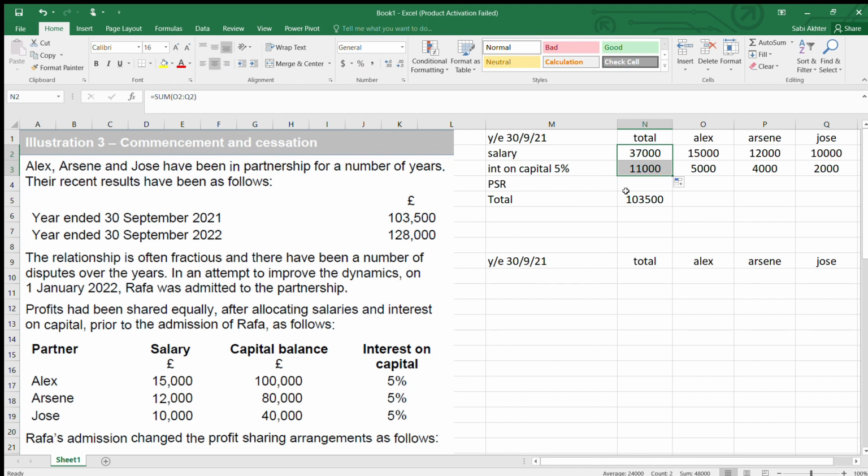Then we have the profit sharing ratio. You will get this by taking this minus the total of this. Enter. So here it is this minus this minus this. Enter.